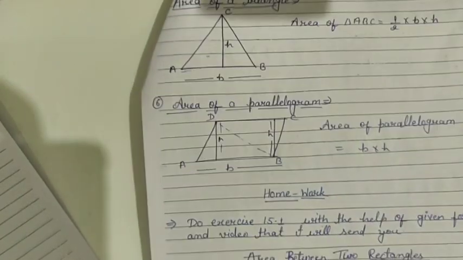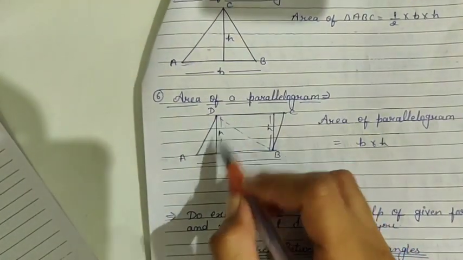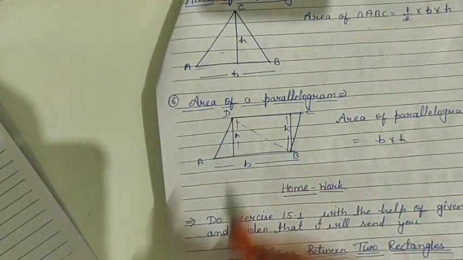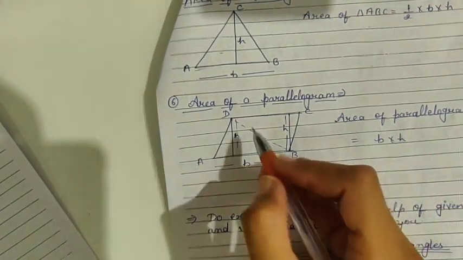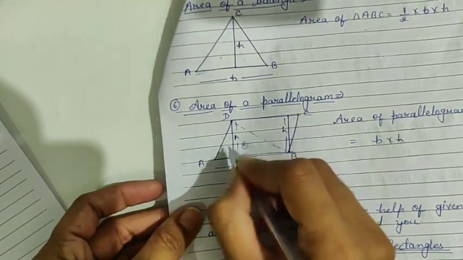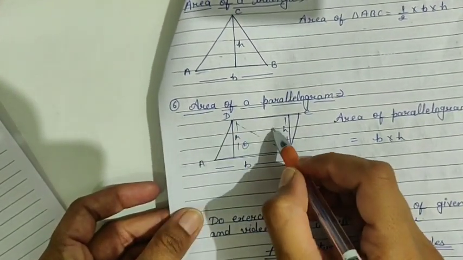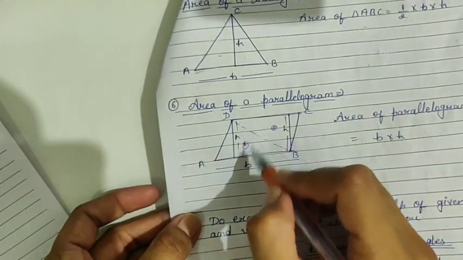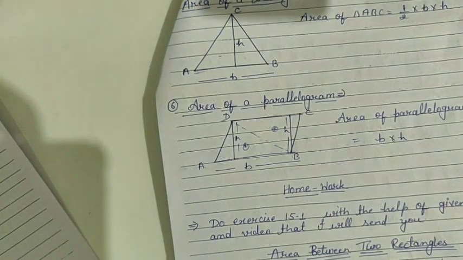Now area of a parallelogram. This is a parallelogram ABCD and BD is a diagonal of this parallelogram. So we can divide this parallelogram into two triangles, this triangle ABD and this triangle BDC. So area of parallelogram is equal to area of two triangles.